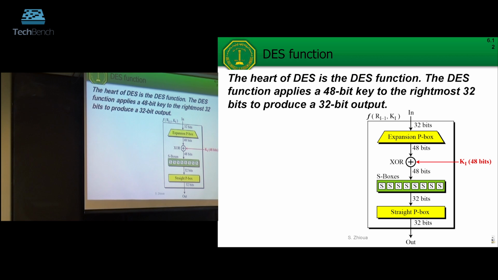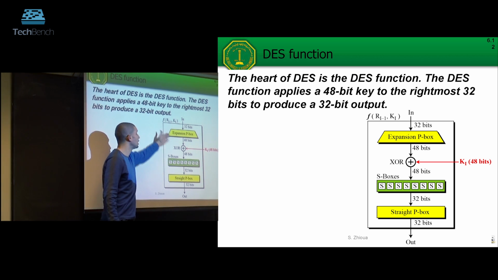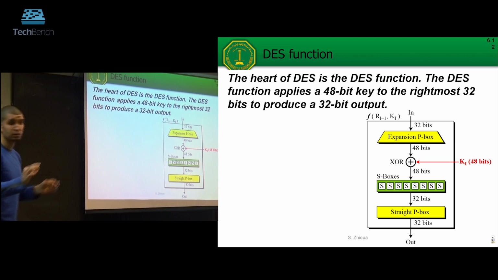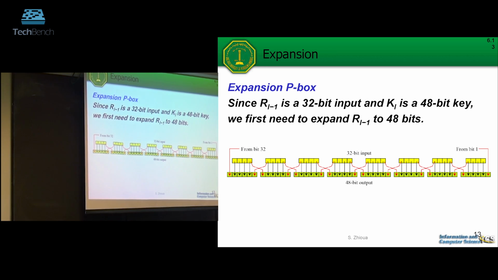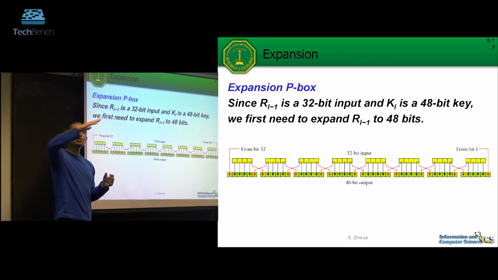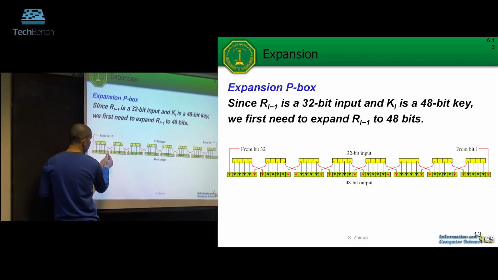So let's start with the expansion box. How do you expand? Because when you expand, you add bits. This is how it's done. You have 32 bits, so 8 blocks of 4 bits each. Every 4 bits becomes 6 bits. You keep the same 4 bits, and for the 6th bit, you take the first bit of the next block and put it there.